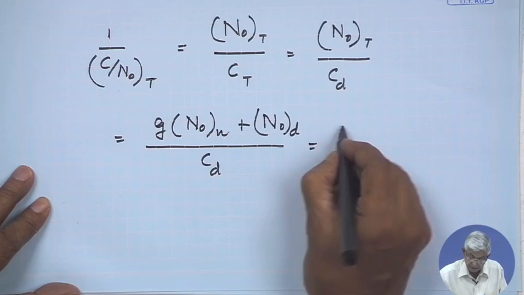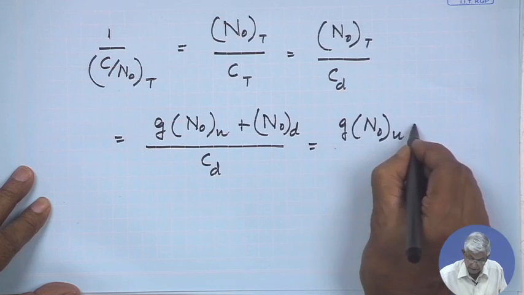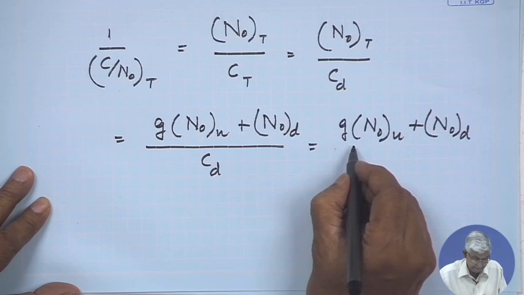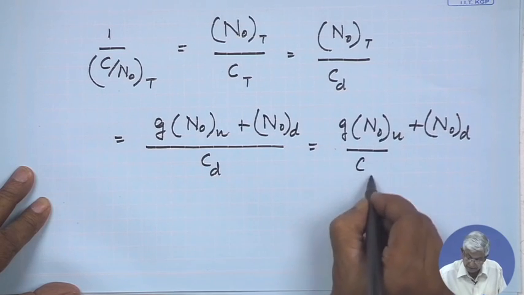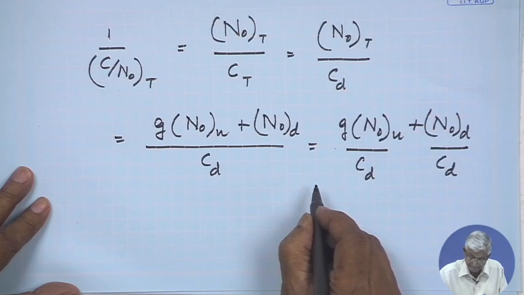I can separate it out: G times N0 uplink plus N0 downlink, separately divided by C downlink. We can write it this way.